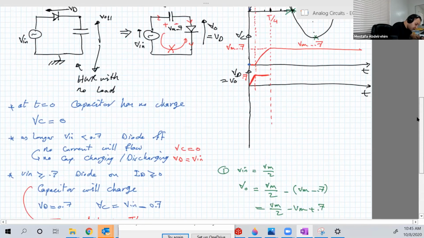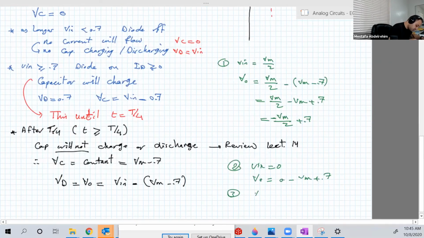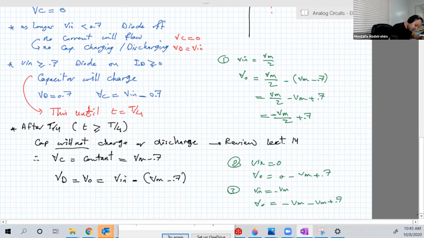If V input is equal to minus Vmax, so VO is equal to minus Vmax minus Vmax plus 0.7. So this is equal to minus 2 Vmax plus 0.7.